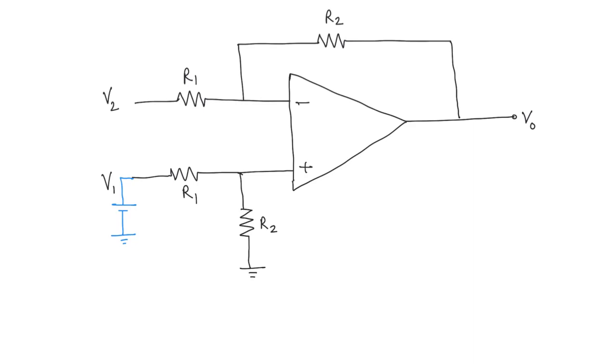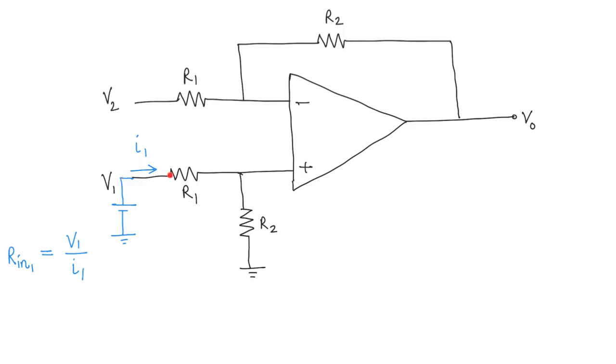How are we going to find it? To find out the resistance, I want to find R in 1, let's call it, and that is going to be equal to V1 over I1, where I1 is the current that goes into this terminal. So how am I going to find I1? Let's look at the path that I1 is going to flow through.